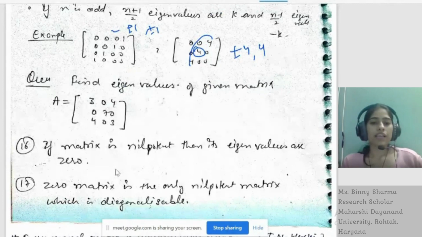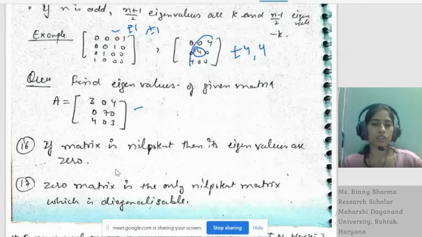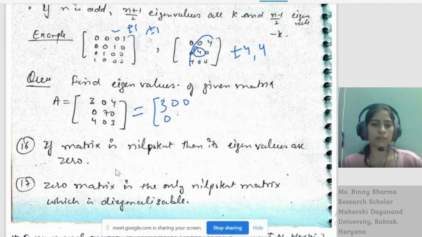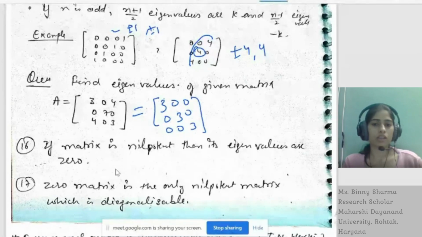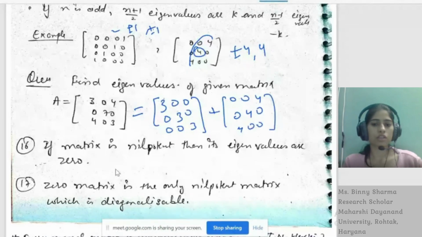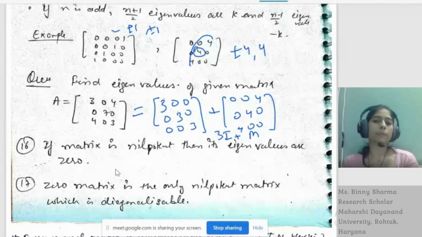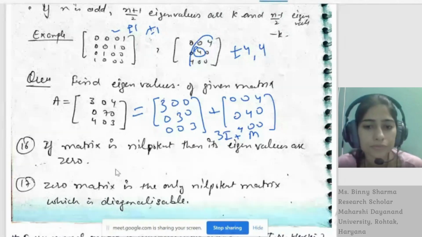So the question is: find the eigenvalues of the given matrix. If we observe, this matrix is the sum of 3I plus M, where M has 4 on the backward diagonal.